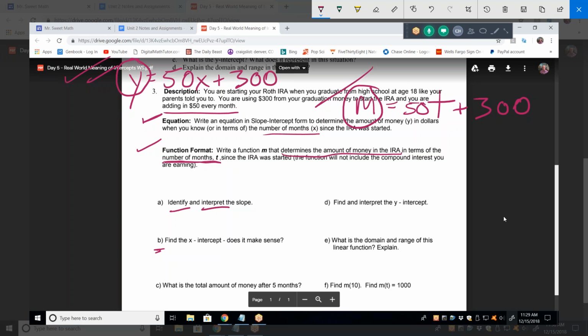What does x-intercept mean about y? What? Start from the beginning. When they ask about the x-intercept, the only thing you know is it tells you what y is. So the only thing we know about the x-intercept is that it's multiplied by 50?